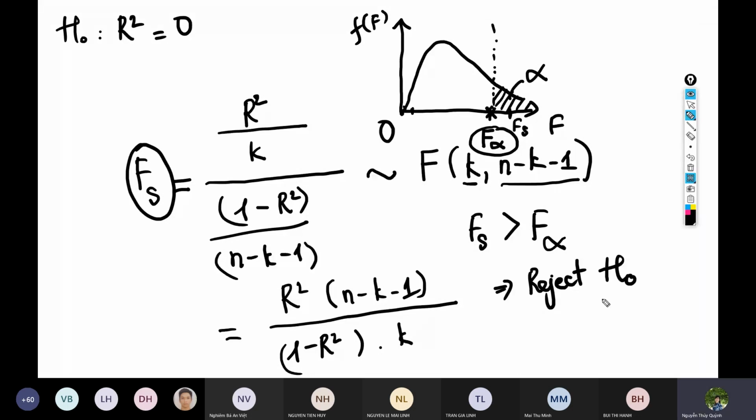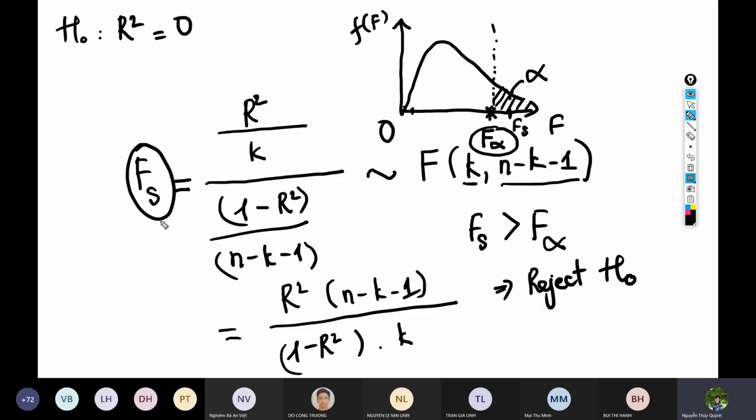So the decision rule is very simple. As long as the observed value of F is greater than the critical value of F, we can reject the null hypothesis that R square is equal to 0.